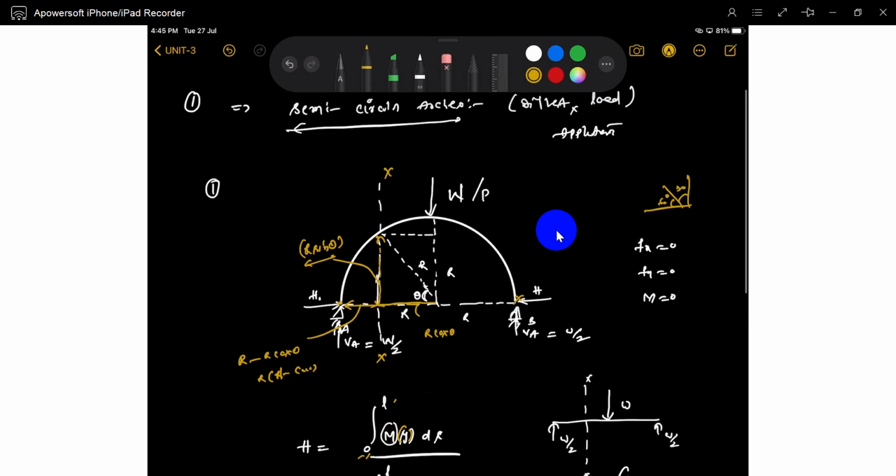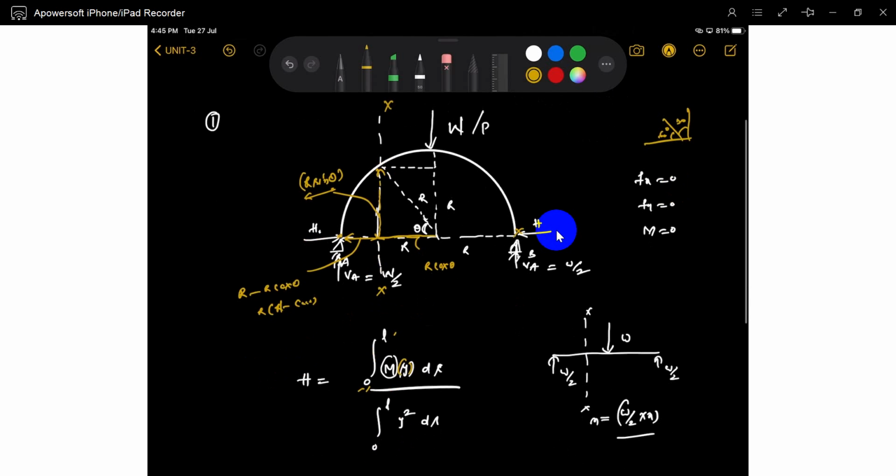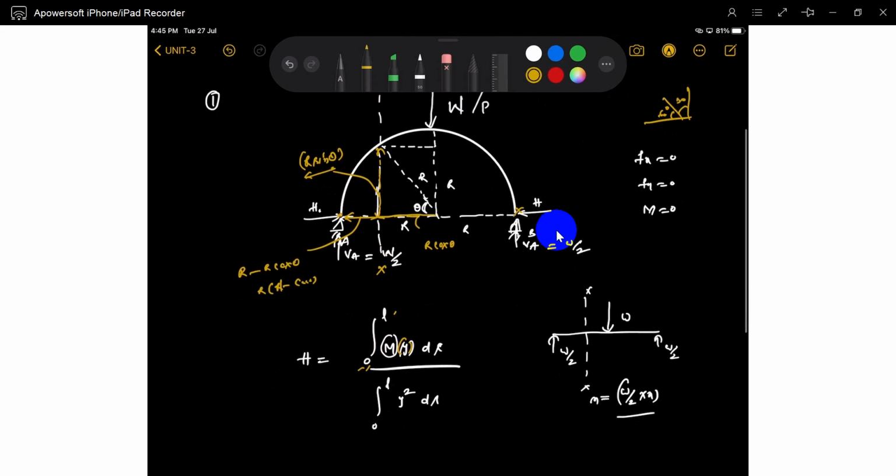If you see the bending moment, we can write w/2 minus x up to this section. Later you will get w/2 minus x minus w into x minus L by 2.